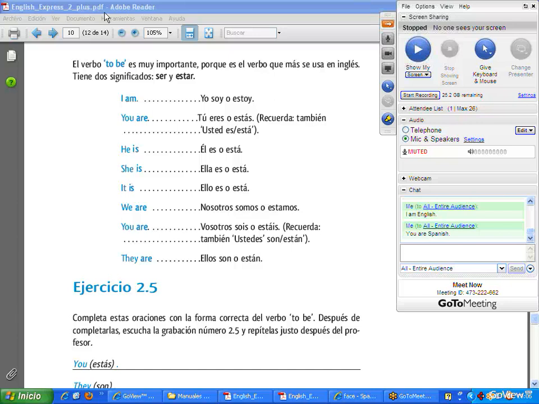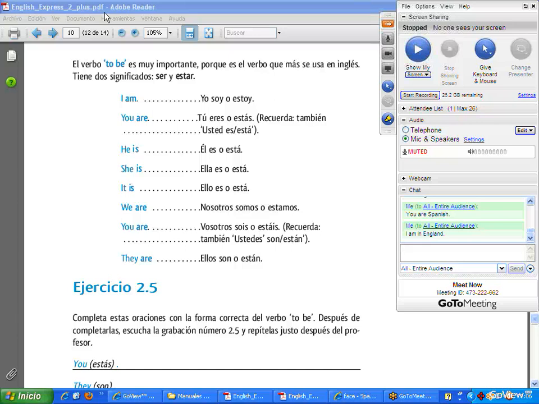But in English we only have one verb. I am John, I am English, I am in England. You are Juan, you are Spanish, you are in Spain. You see this word, this is the preposition in, en.